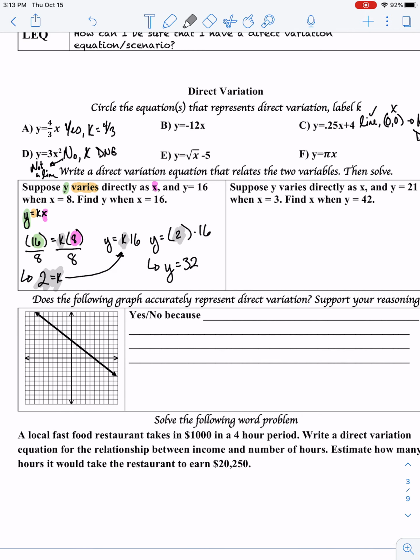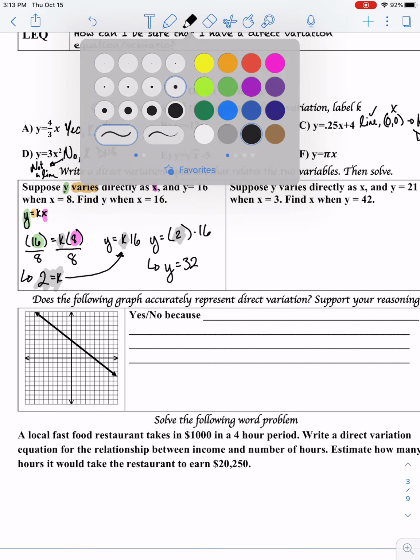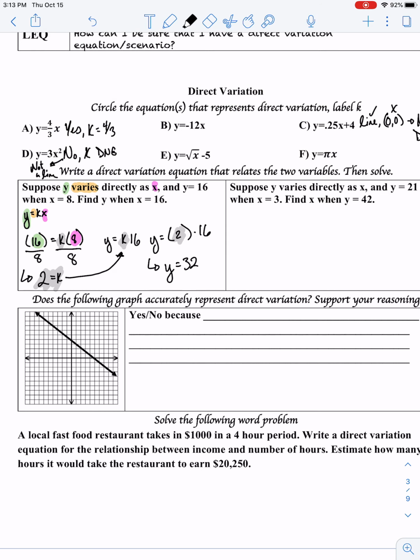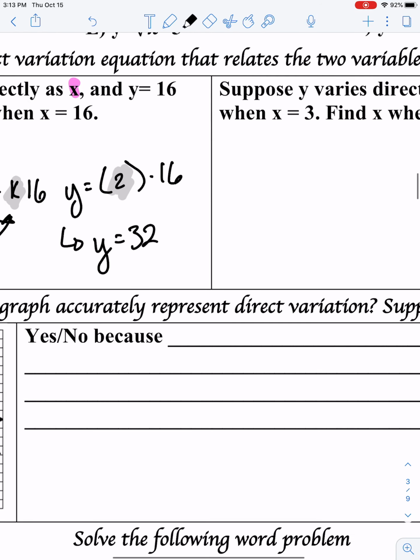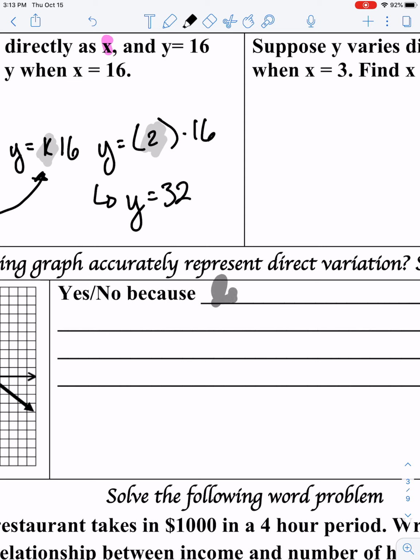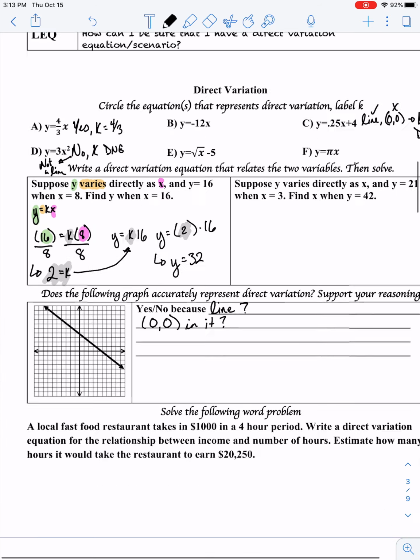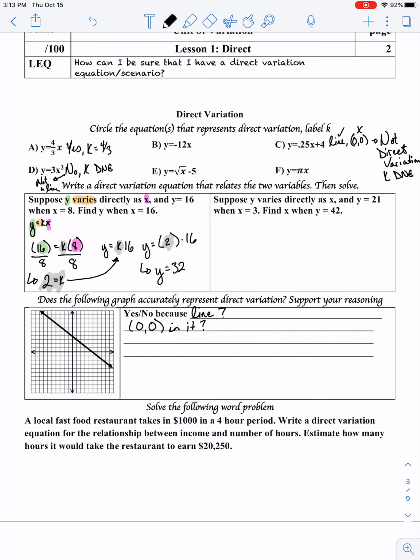Word problems, identifying, well, getting ahead of myself. Just looking at graphs, again, a couple of things. Is it a line? It must be a line, and it must have the point 0, 0 in it. If you can answer yes to both of these, then it is direct variation.